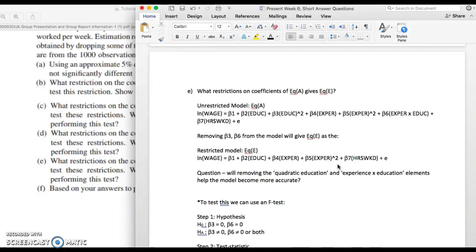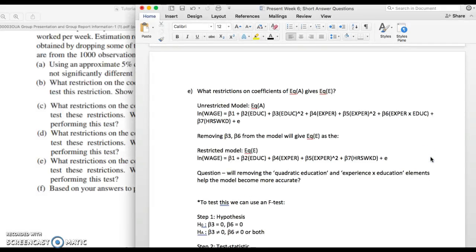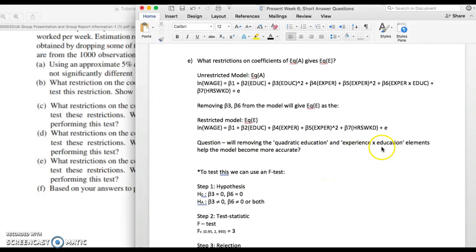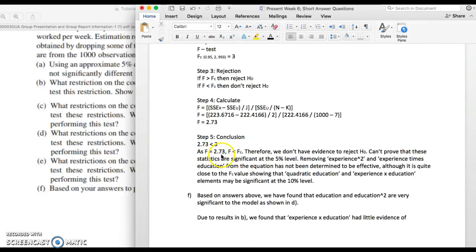and we do believe that education is very relevant to wage. E, we look at equation A versus E, and we are removing, in this case, beta 3 education squared and beta 6 experience times education. So we want to know, will removing the quadratic element and experience times education help the model become more accurate? So we f-test that again, and we find that we can't prove these factors.